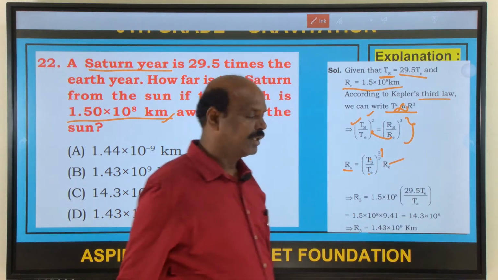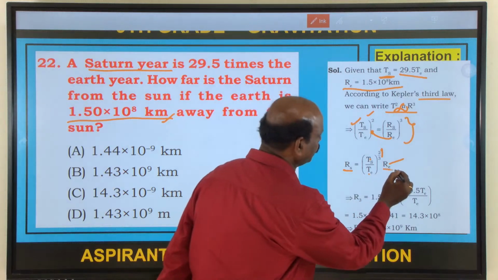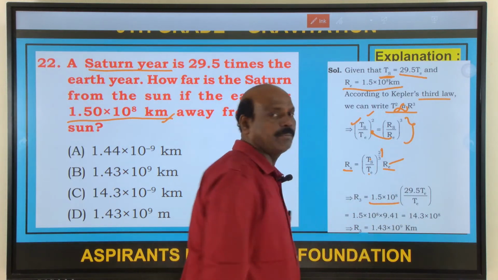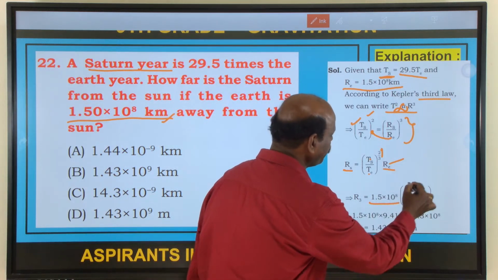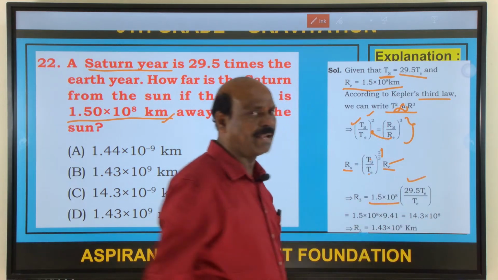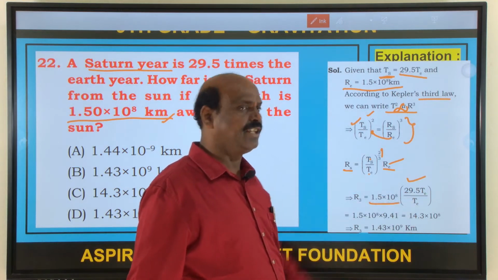When you substitute these values, the radius of the Earth is 1.5 into 10 power 8, and TS, the time taken by Saturn, is 29.5 TE.